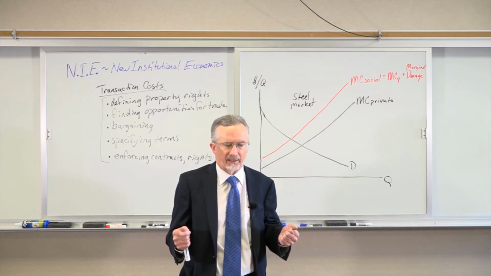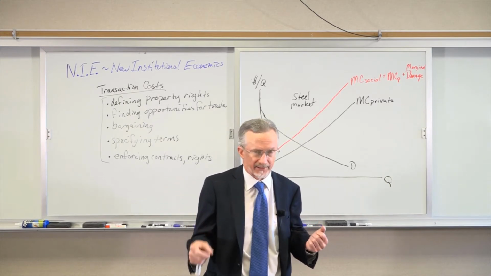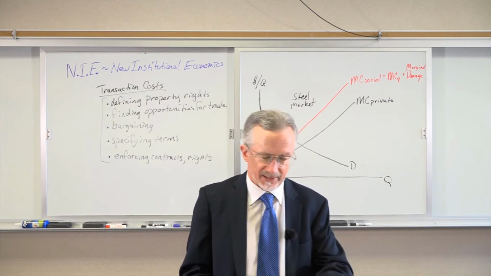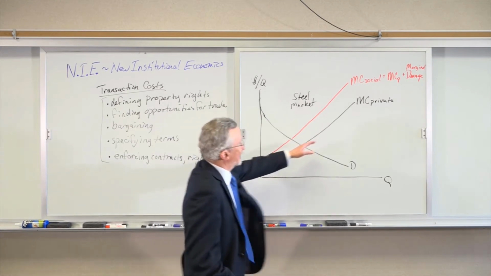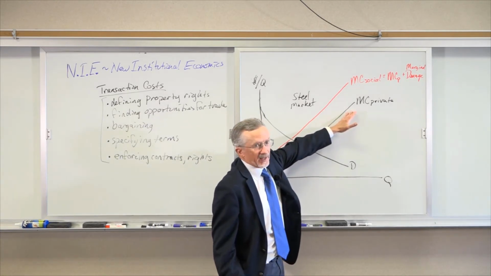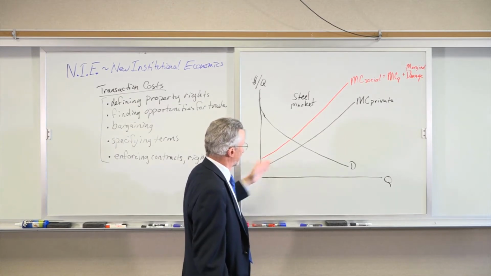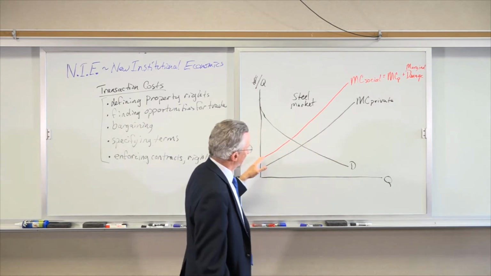Some bargaining problems and some contracts might be too costly. Here's an example of that, already on the board: the factory smoke problem. Suppose that we have steel production, the private marginal cost, the demand for steel, but they also put out smoke.